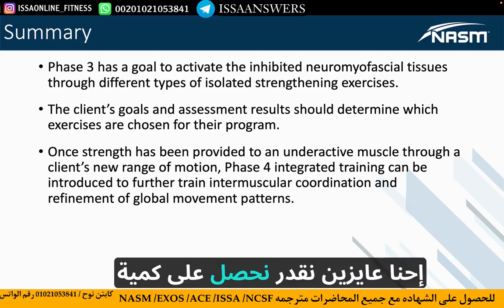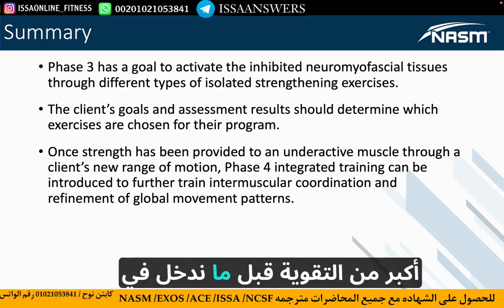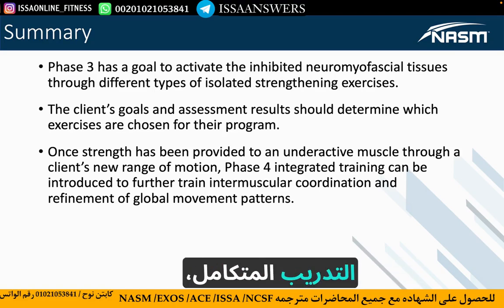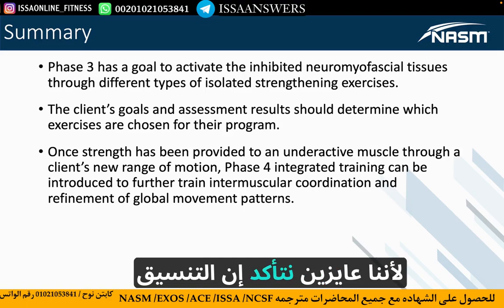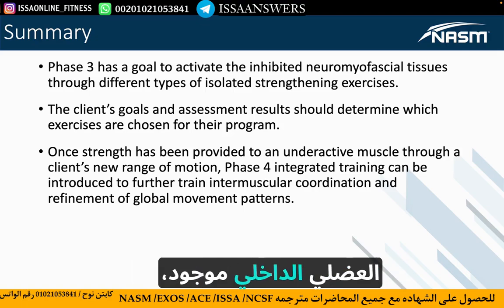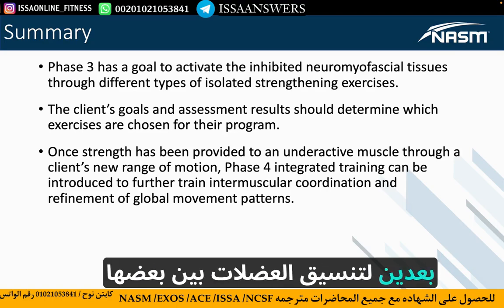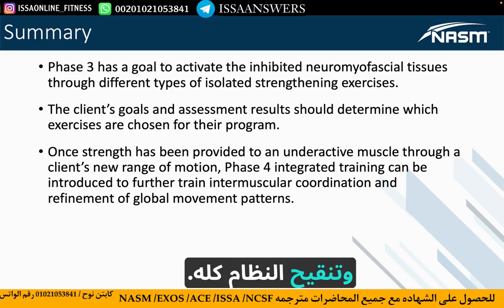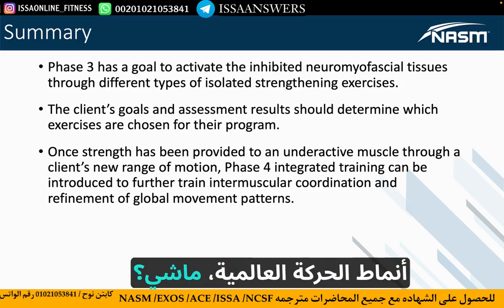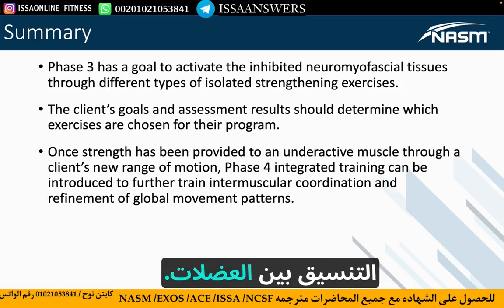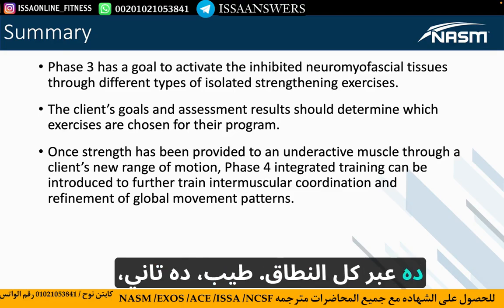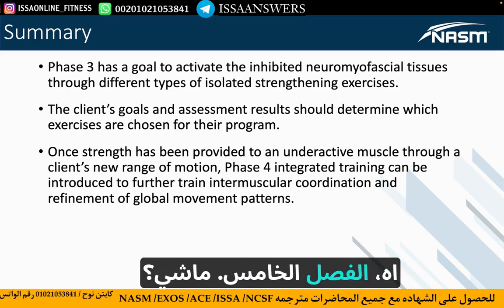We want to be able to get a higher amount of strengthening before we throw the phase 4 integrated training in, because we want to make sure that the intramuscular coordination is there, the firing rate is there, the synchronization is there, and then we want to take that and move it to the intermuscular coordination and refinement of our whole system, global movement patterns. Okay, intermuscular, between muscles. So we want to have that coordination through the full gamut. Okay. So this is, again, chapter 5.